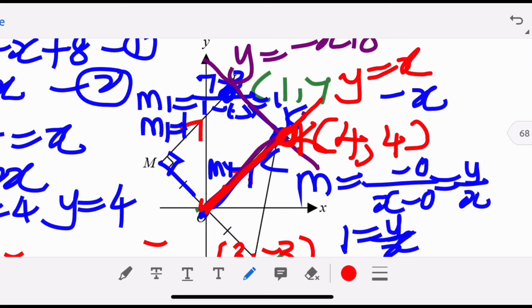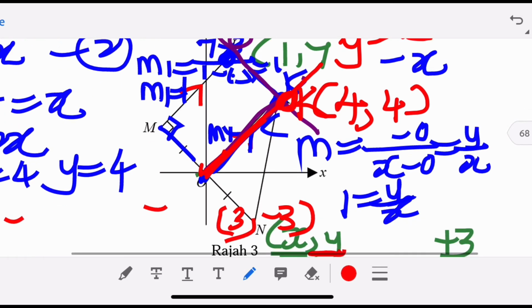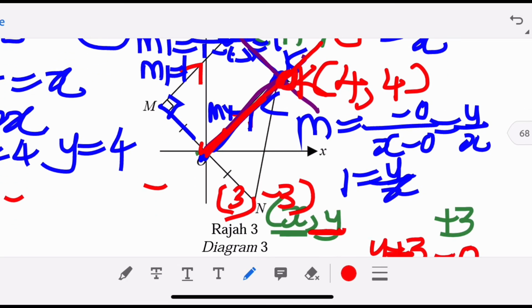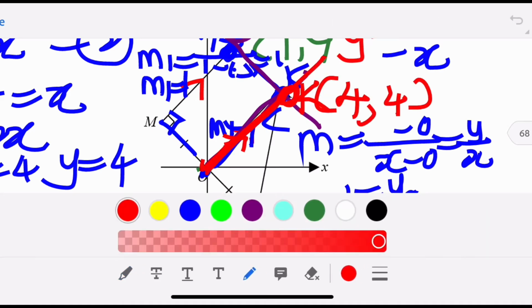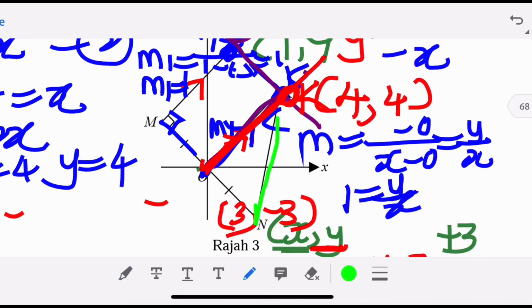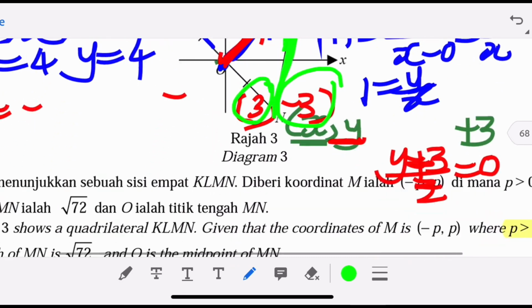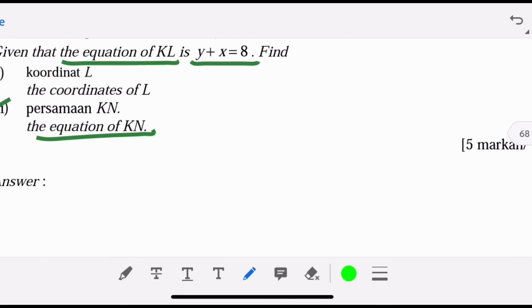K is 4, 4. So then we want to form the equation. The gradient for this line is 1. The gradient for KN is not 1. We have to find the gradient. We want this equation, the green one. Alright, so we have to use y2 minus y1 over x2 minus x1. So let's find the gradient for KN.